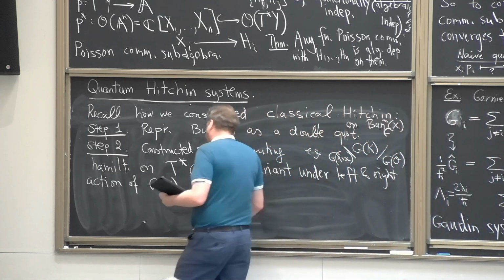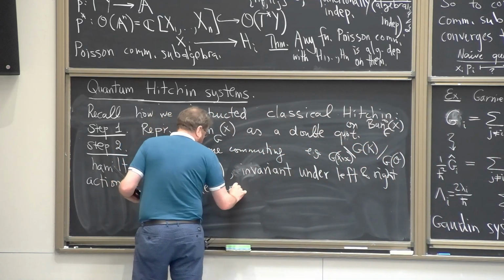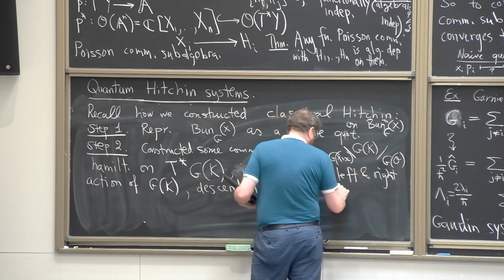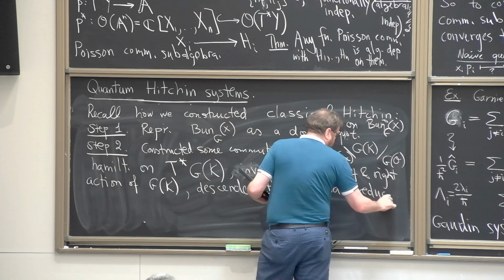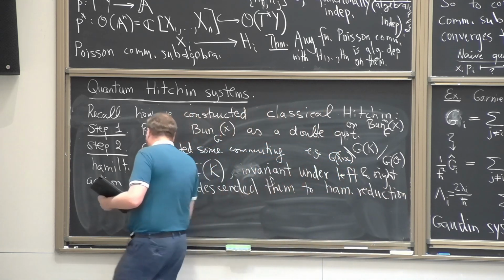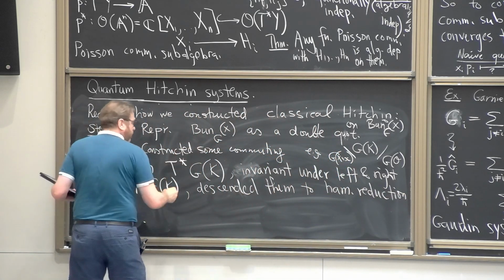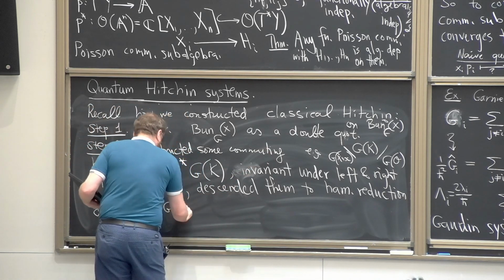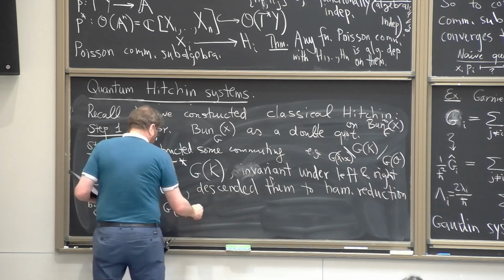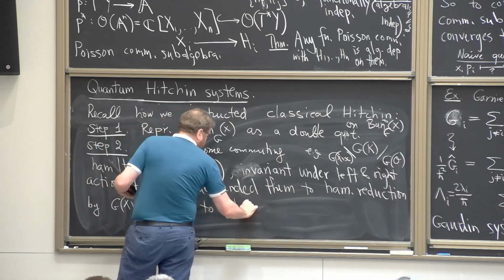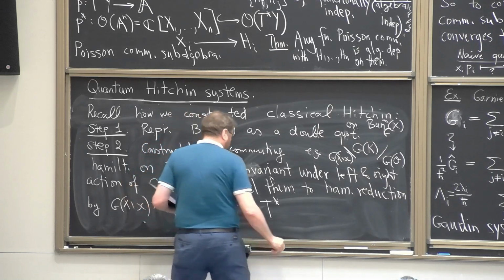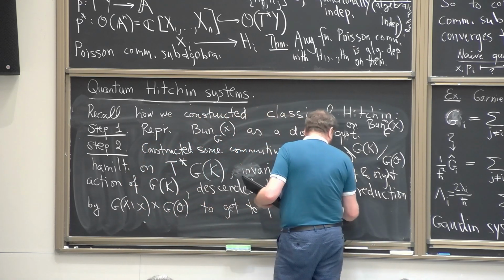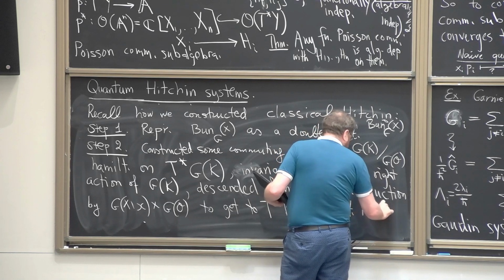And then we descended them to the Hamiltonian reduction by the group G of X minus x acting on the left and G of O acting on the right, to get to a system in T star Bun_G of X and obtained the Hitchin system.